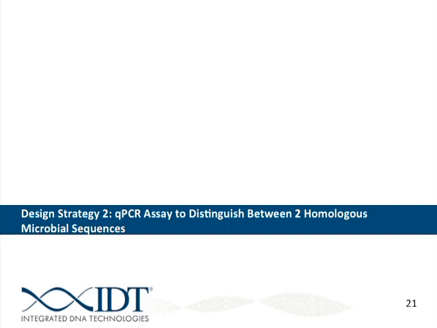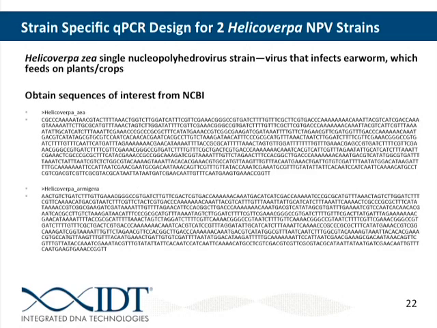So in this case, we're going to design a qPCR assay to distinguish between two very similar microbial sequences. And so the sequences that I've chosen for the demo are two viral sequences. They're from the Helicoverpa zea and Helicoverpa armigera nucleopolyhedrovirus strains, NPV.